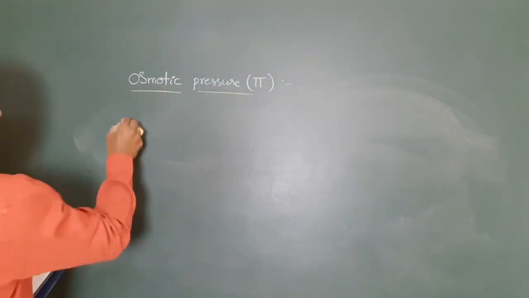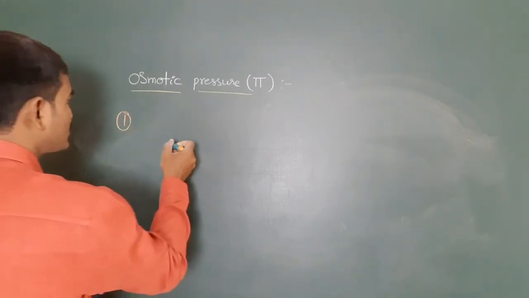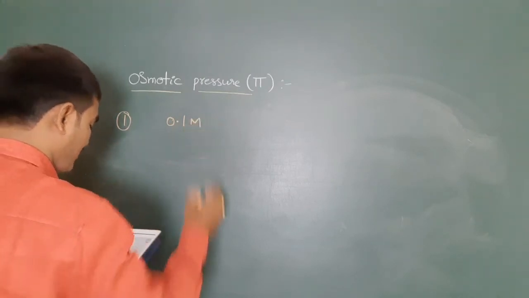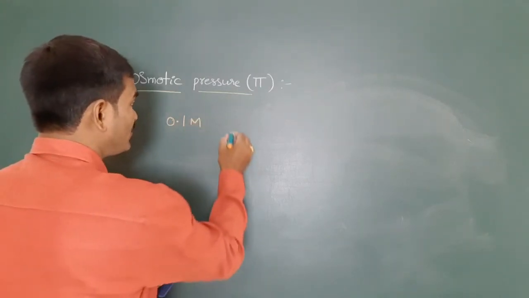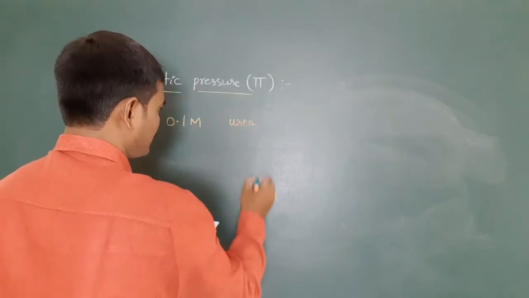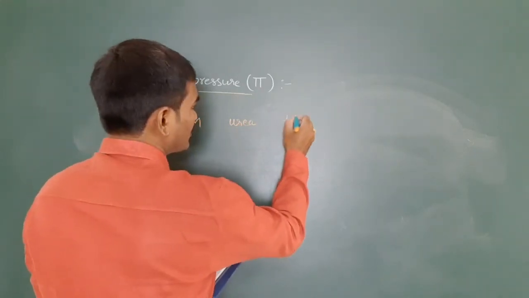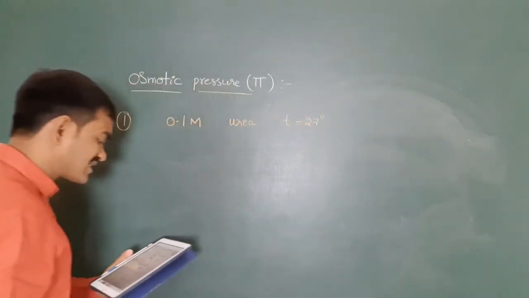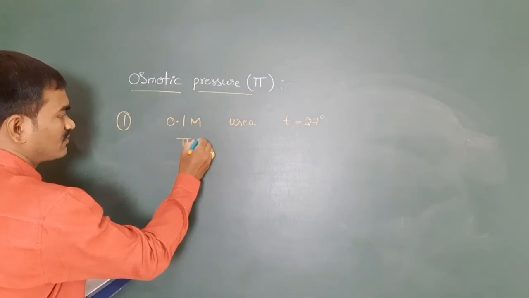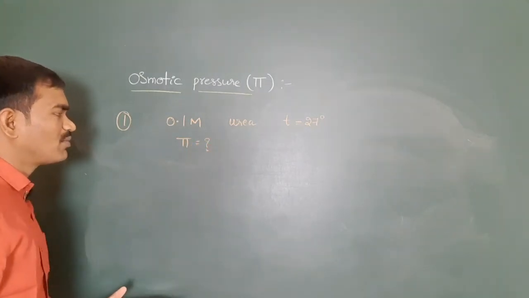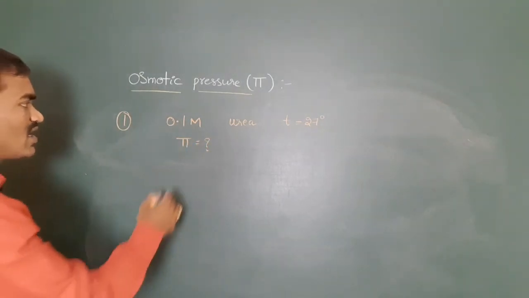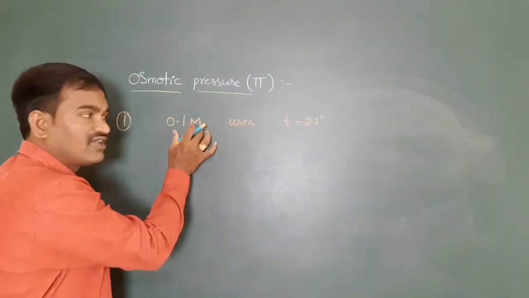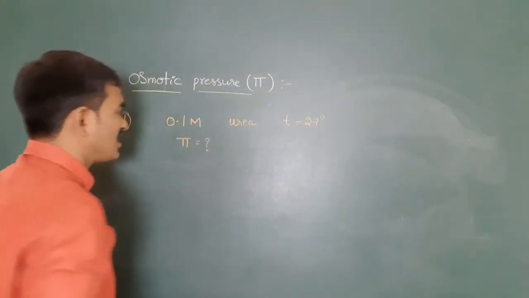Problem number 1: the solution concentration 0.1 M of urea is given, the urea solution, and the temperature is 27 degrees Celsius, and they are asking about the osmotic pressure. Very simple problem. They gave concentration and they gave temperature, and they are asking what the osmotic pressure is.